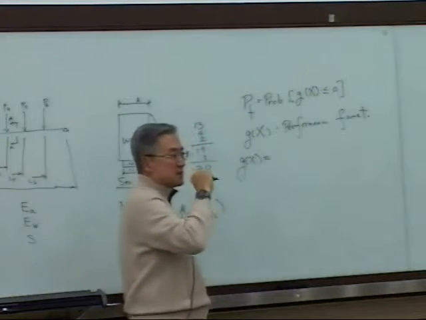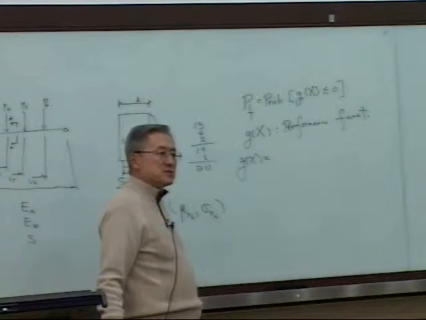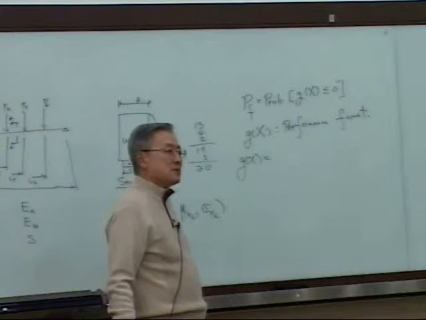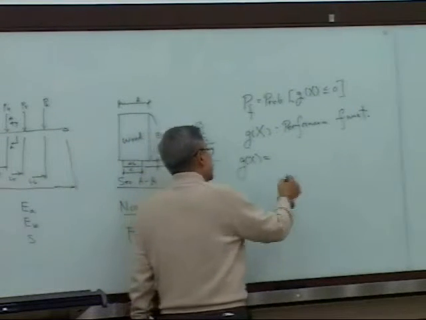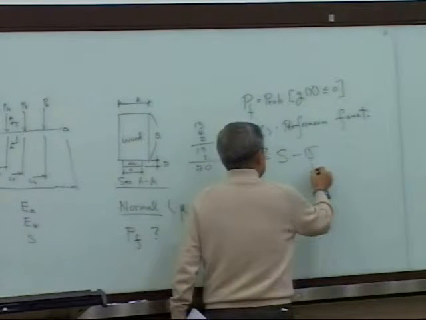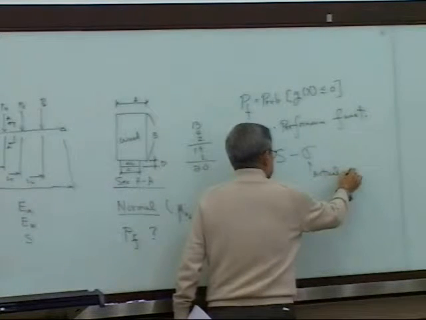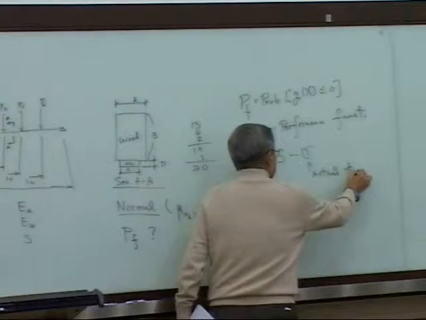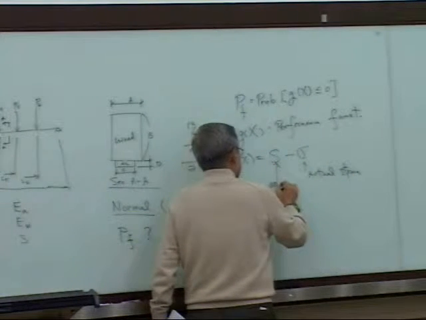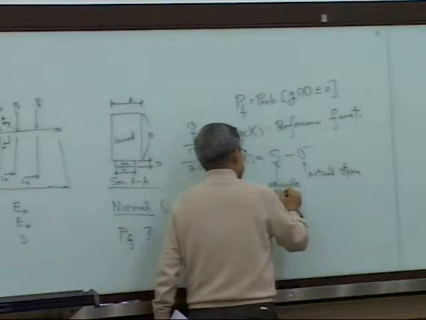So here in this case, as usual, resistance or strength minus actual stress or actual maximum stress. So I can say S minus sigma. This is actual stress, and this is allowable stress.